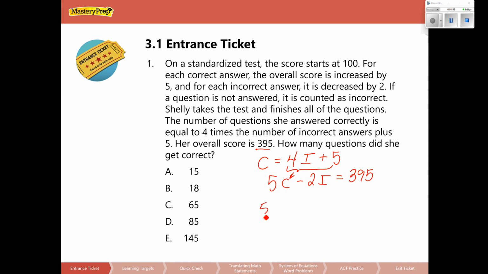tell us that we have 5 times 4i plus 5 minus 2i is equal to 395. 5 times 4i is 20i plus 25 minus 2i equals 395.